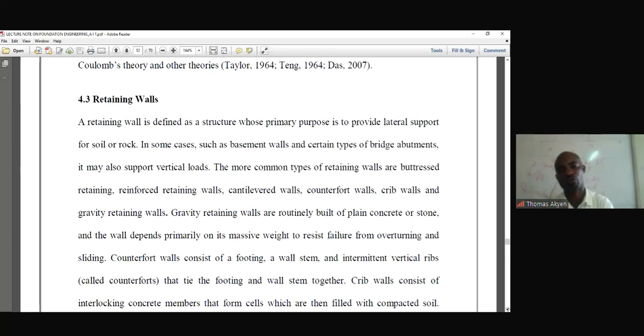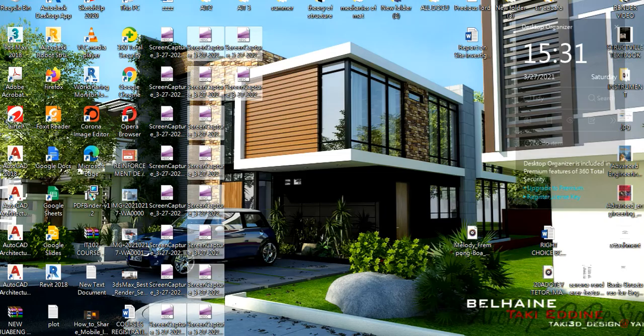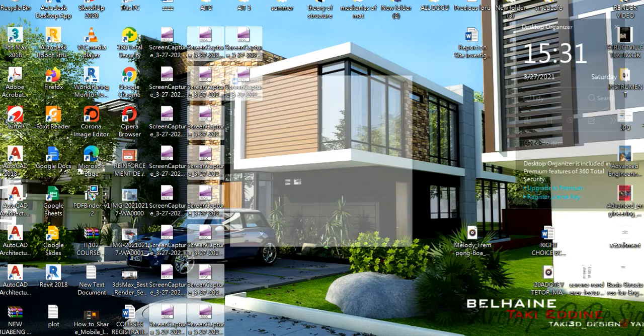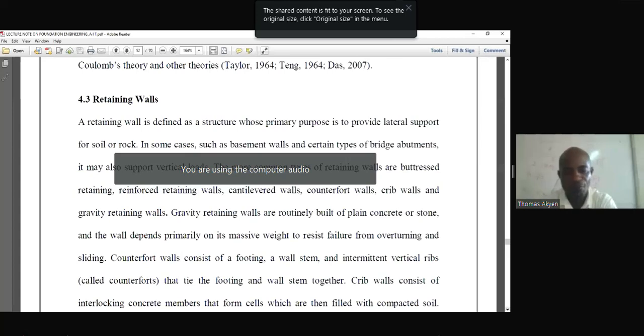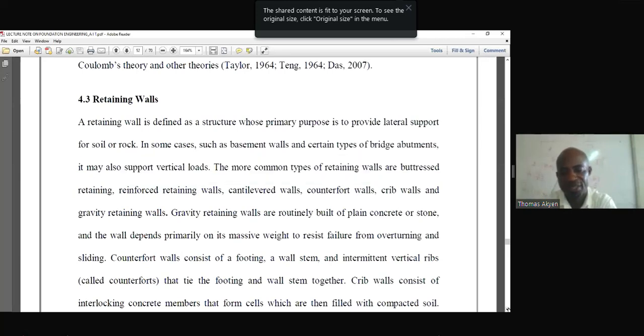The more common types of retaining walls include interlocking concrete members that form cells which are then filled with compacted soil.